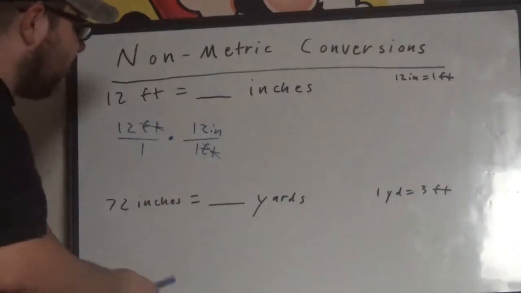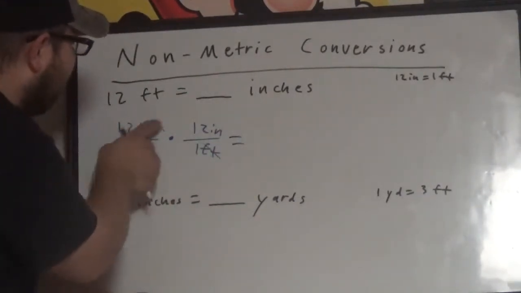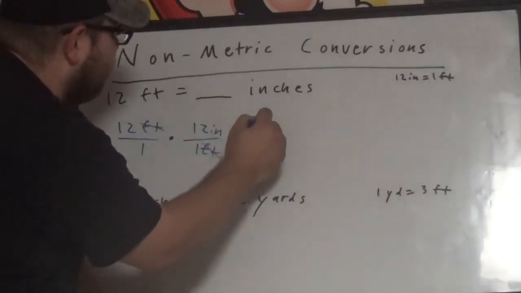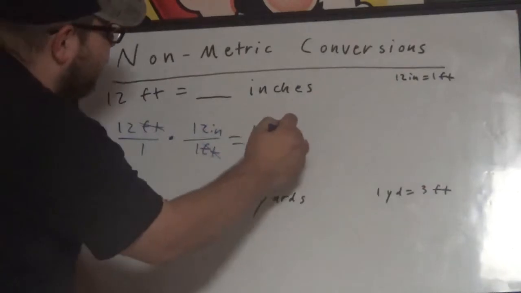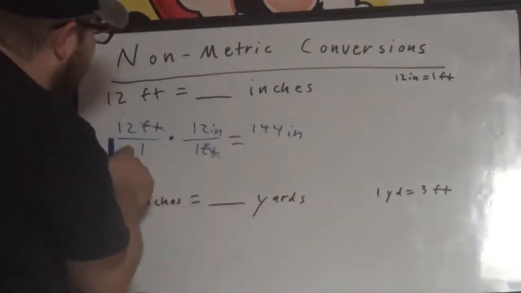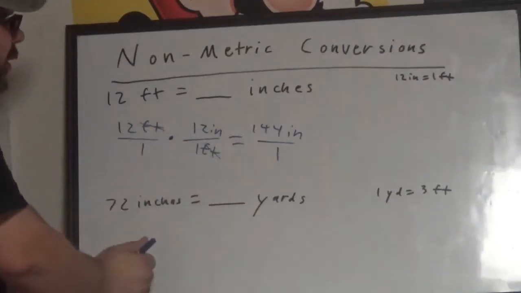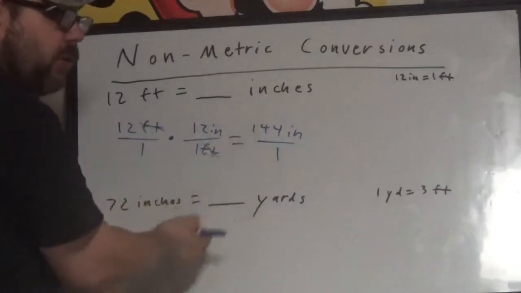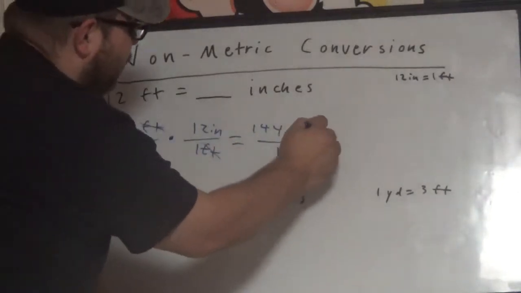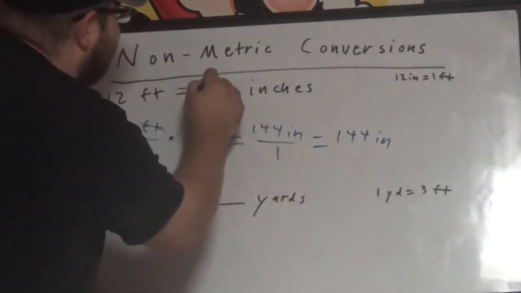So that works perfectly. Now we just multiply: 12 times 12 is 144. It's 144 inches, and it's over 1. 1 times 1 is 1. We don't have any units on the bottom. 144 over 1, of course, is still 144, and that's our answer.